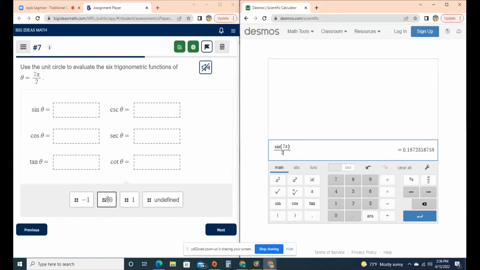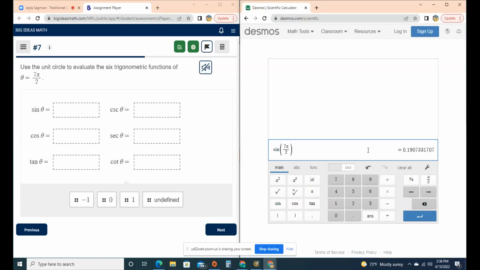Your 7 pi over 2, the divided by 2 has to be inside the parentheses. So I would delete everything and start over again on that to make it easier. Yes, that is what it's looking for.